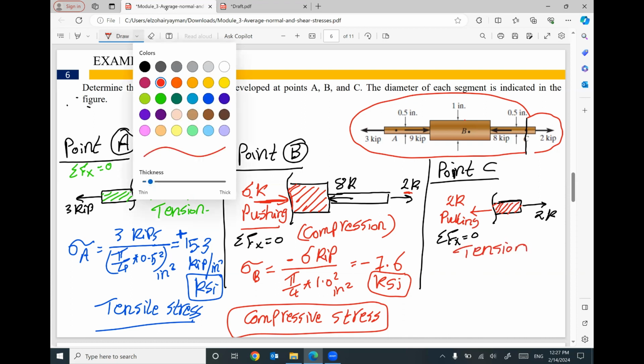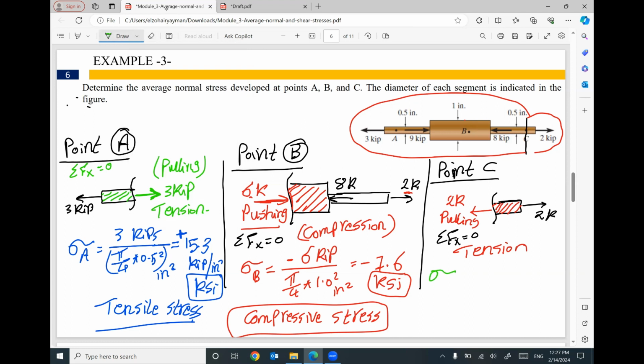That means the stress at point C equals the applied force, which is 2 kip, divided by the area of the part of the member at point C with the diameter 0.5. So pi divided by 4 times 0.5 squared. This stress will be tension, which is tensile stress. Positive. How much?